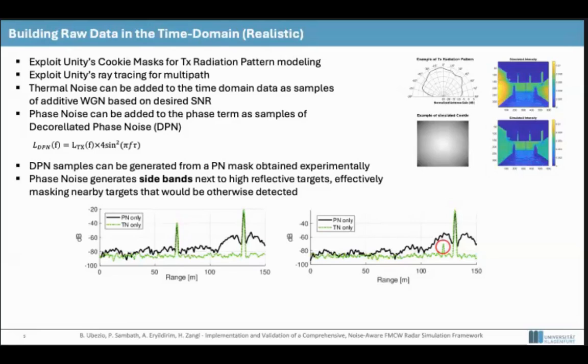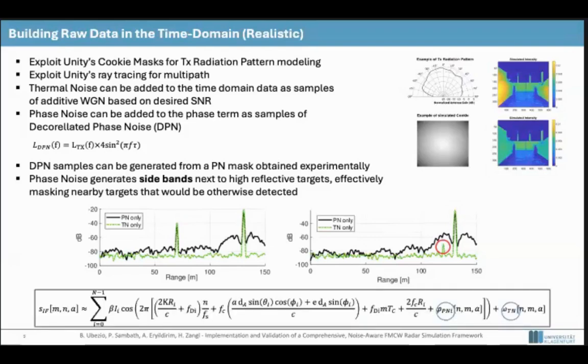It will be masked under the phase noise bands, which have a higher amplitude. So it's super important to include this effect. Otherwise, again, the simulation would be too optimistic. And again, here, this is the same equation as before, just with the added phase noise samples that we can generate and the white Gaussian noise for the thermal noise. Good.